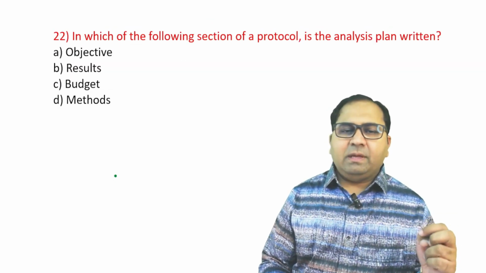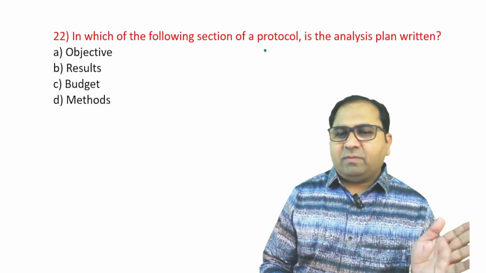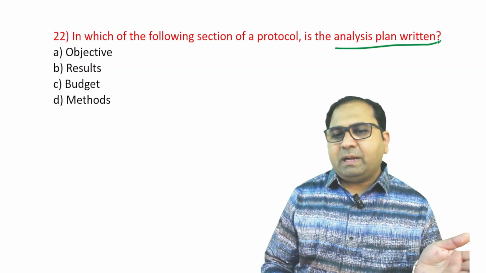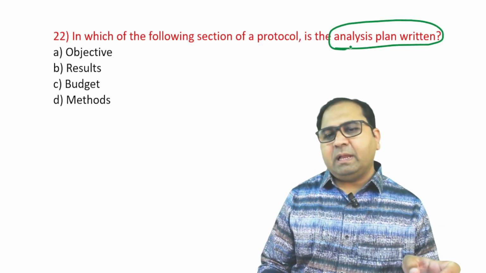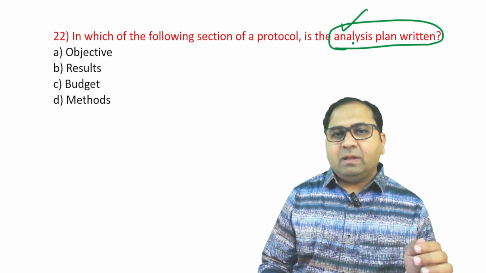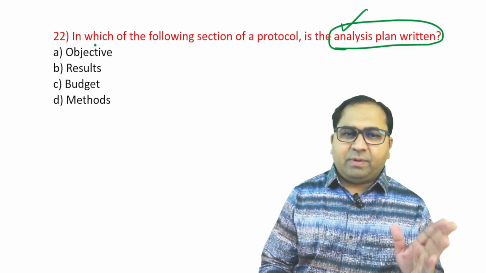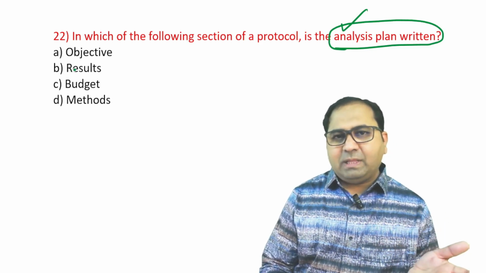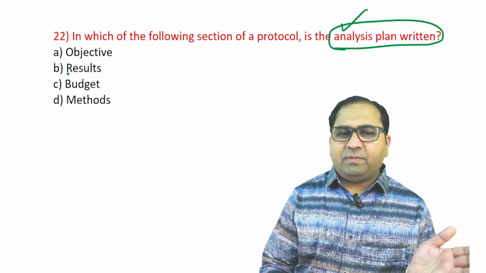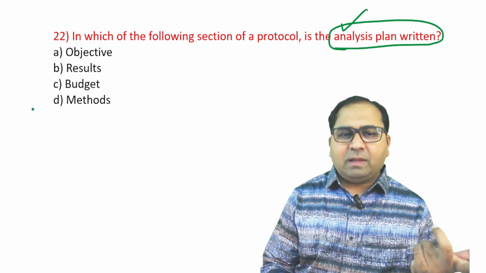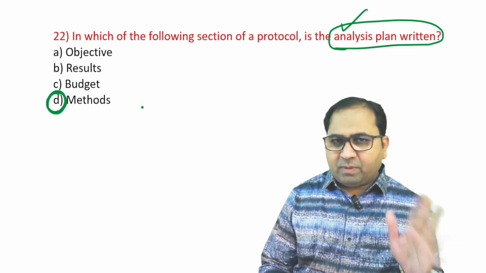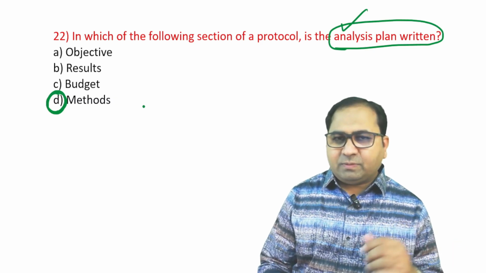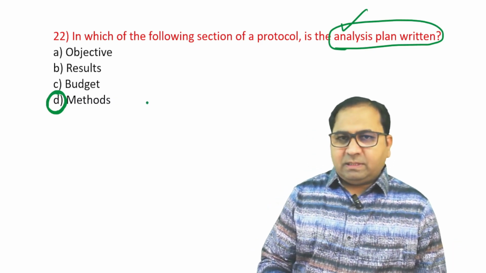Now next question. In which of the following sections of the protocol is the analysis plan written? This question is being repeated again and again. From the options you could have understood what could be the answer. Options are objective, results, budget, and method. So analysis plan comes under the method. So please go back to question number 1, where we have explained the outline of the methodology section.